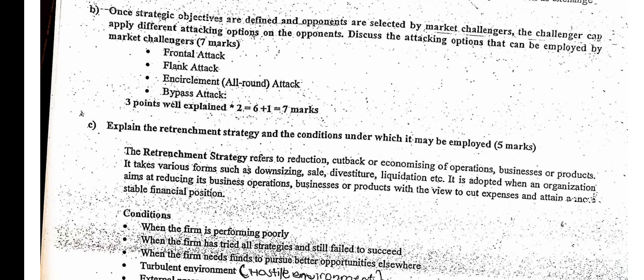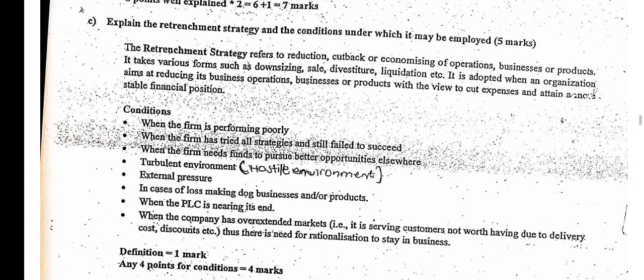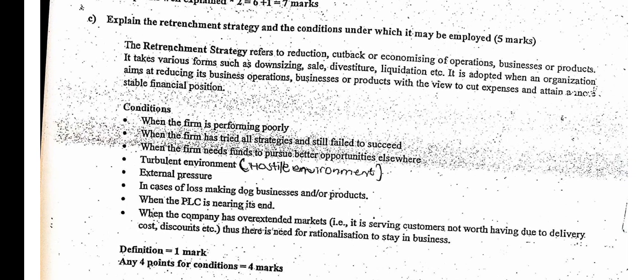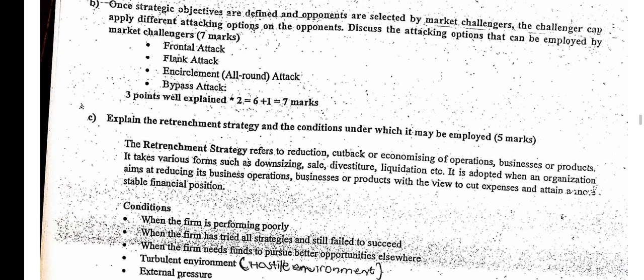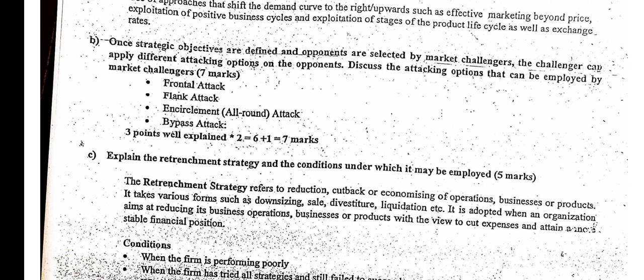So we have the frontal attack, flank attack, encirclement, and then bypass. They are well explained in the previous video. You will see it. Then part C, explain the retrenchment strategy. And these strategies, the market challenger strategies, market follower, market leader, they are common questions. Please take note of them.